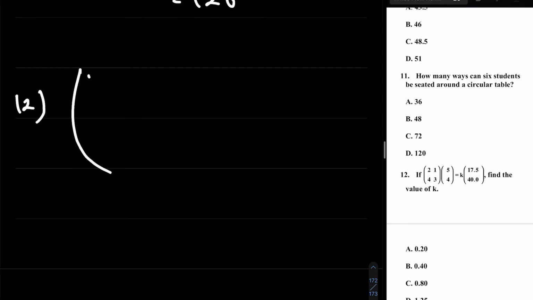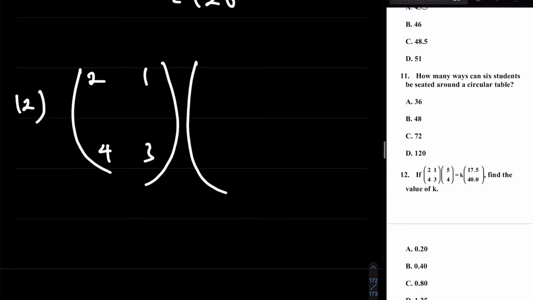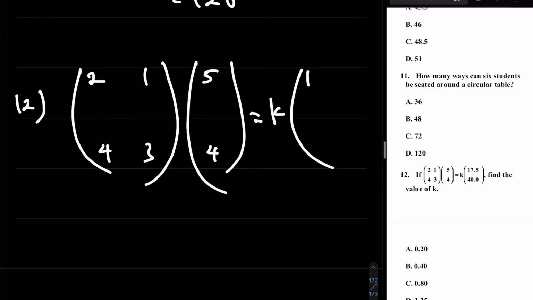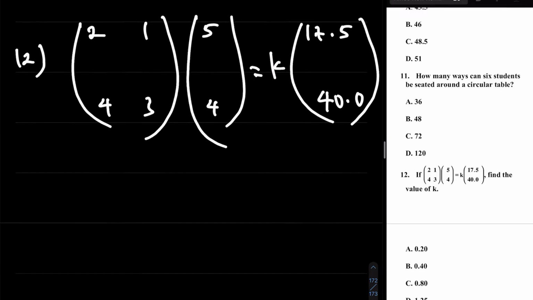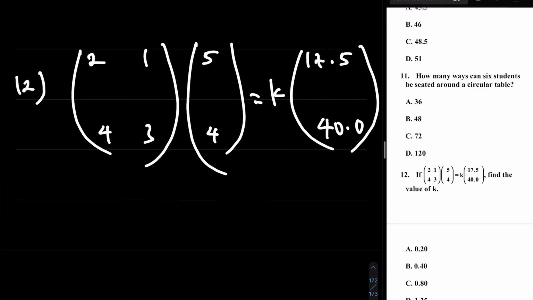If the product of these two matrices, this one has elements 5, 4, is equal to K times the matrix which has elements 17.5 and 40.0. Find the value of K. What we do is simply multiply first of all the matrices on the left hand side.